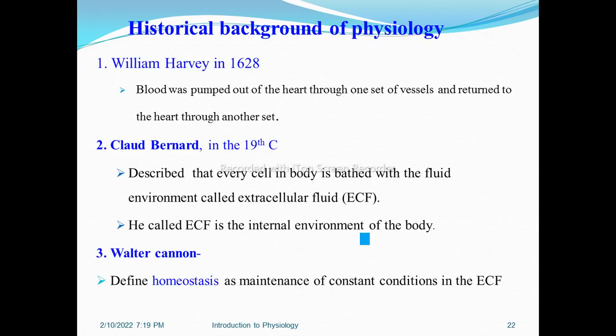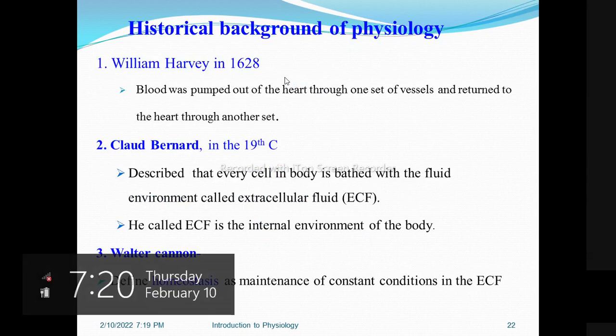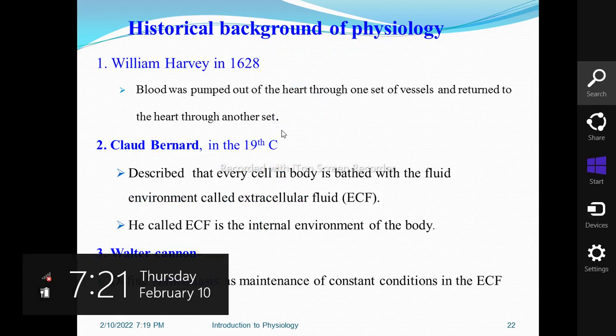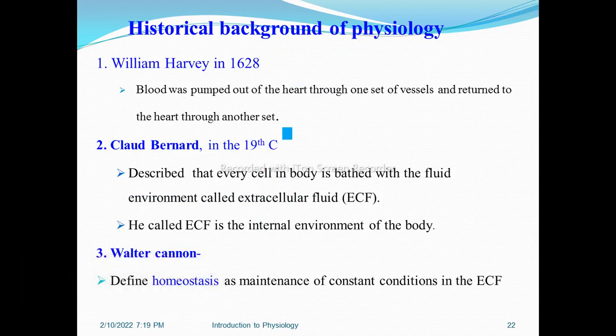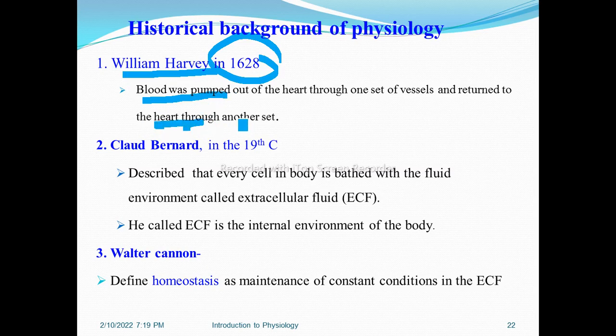Physiology has a wide, diverse historical background, but these three things are selected. First, William Harvey in 1628 found the circulation of the heart. The heart has two sets of vessels, an artery and a vein.